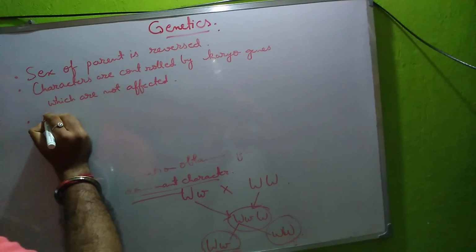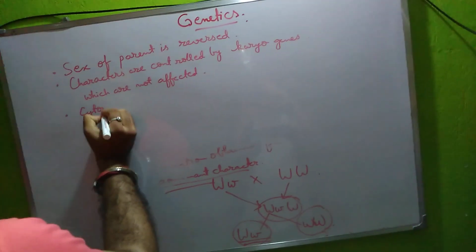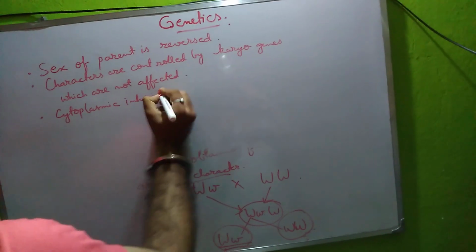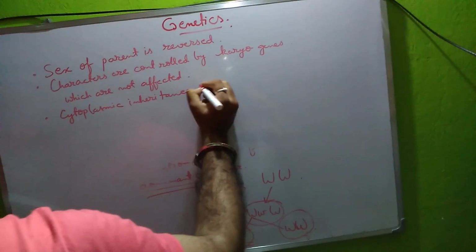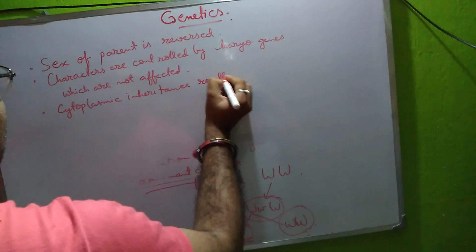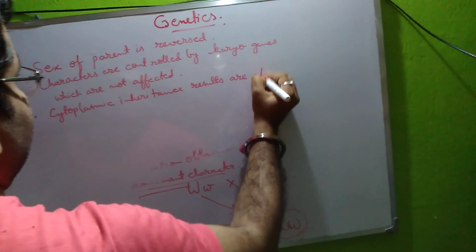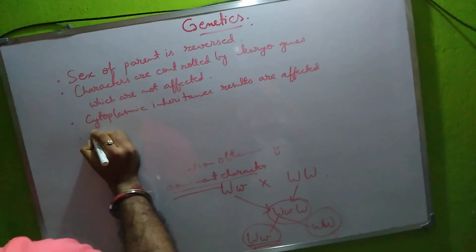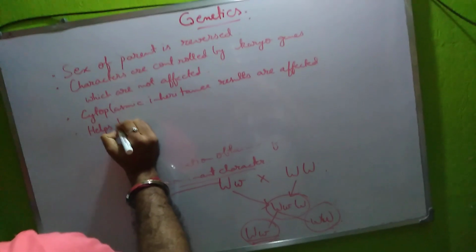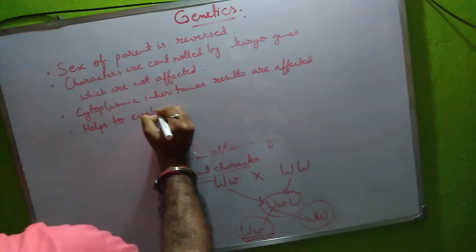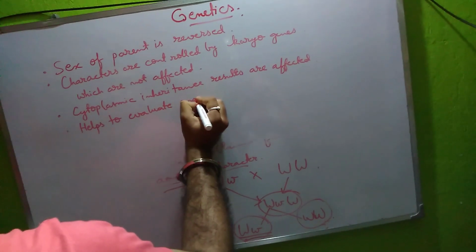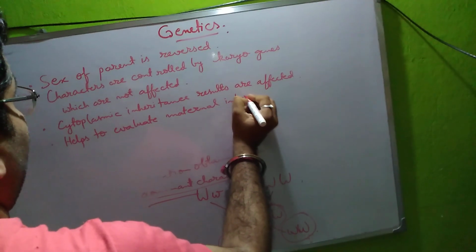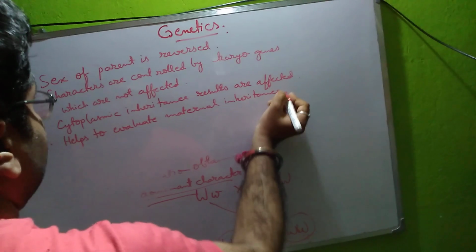Third point, in cytoplasmic inheritance, results are affected. After this, it helps to evaluate maternal inheritance. So what do all these lines actually mean?